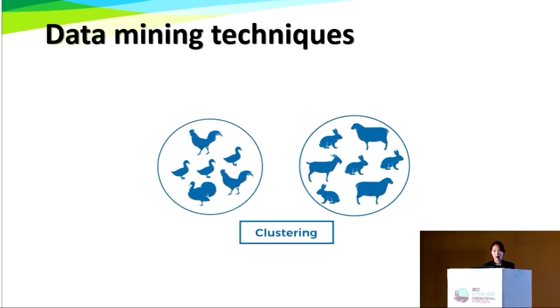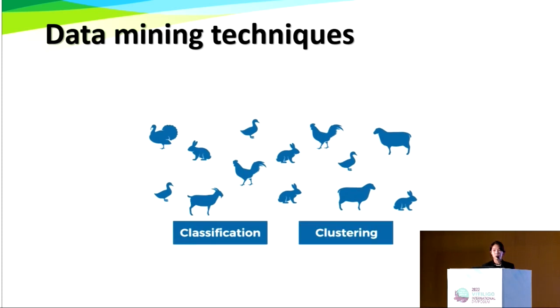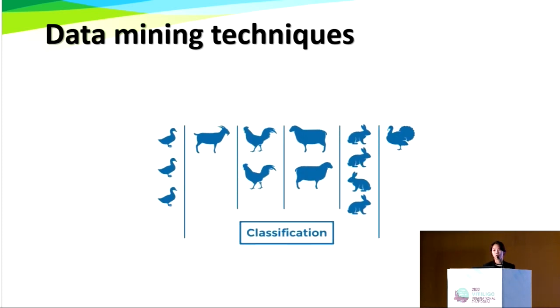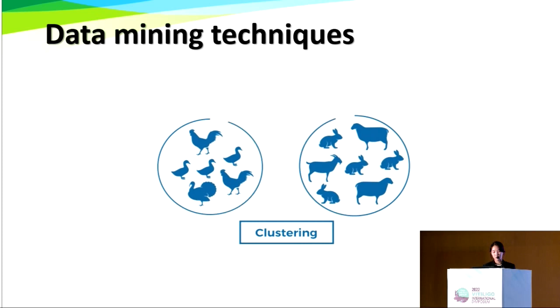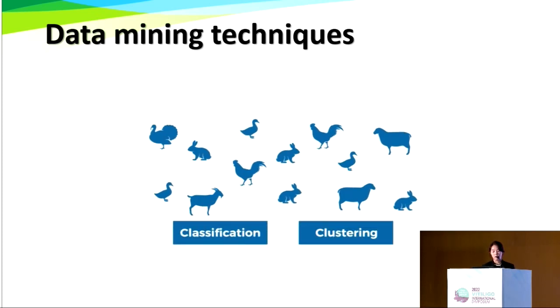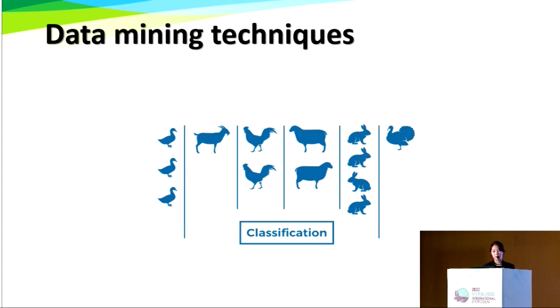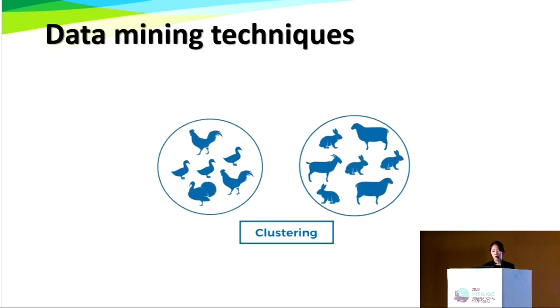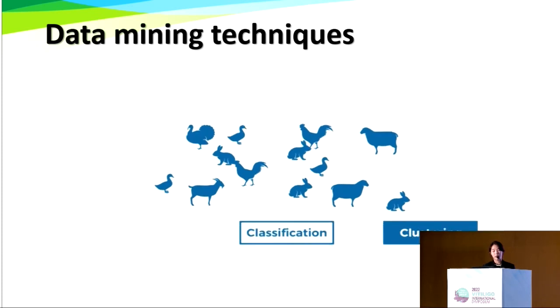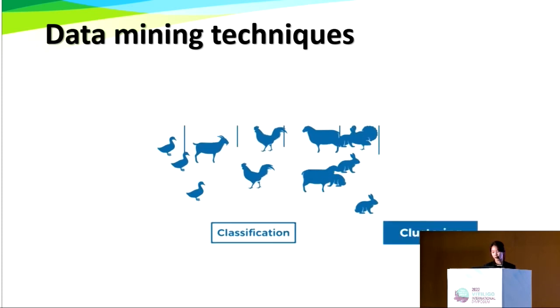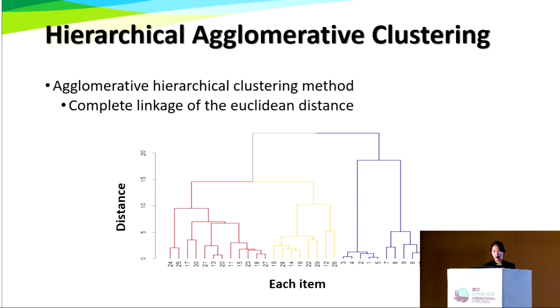There are a lot of techniques to find patterns among a large amount of data, which is called data mining. The big difference between classification and clustering is that classification is dividing the data into pre-classified classes, while clustering is a method of partitioning data based on similarities without any predefined knowledge. Hierarchical agglomerative clustering is the most commonly used simple clustering algorithm.